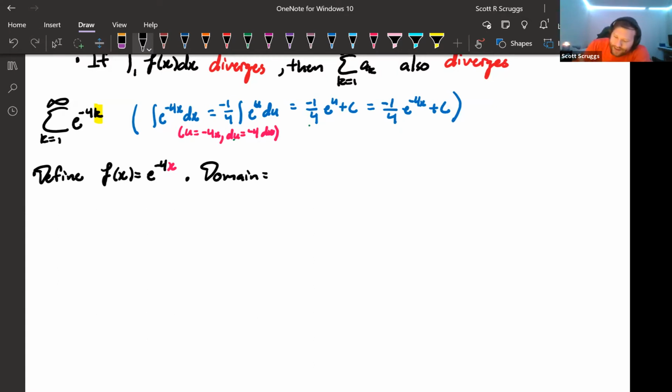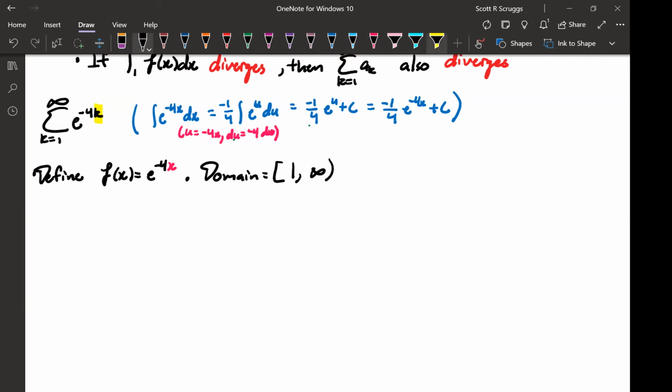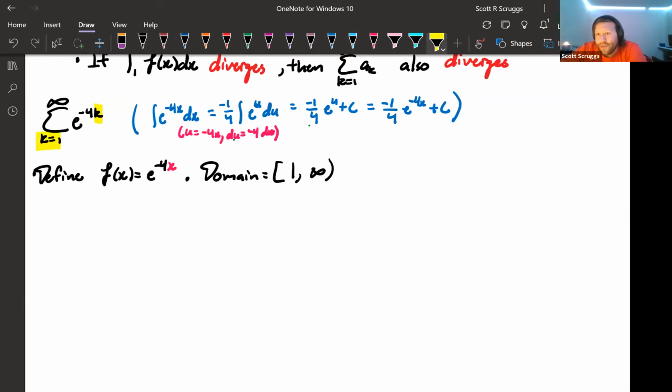Why 1 to infinity? Because the sum starts at 1. Bingo. Series begins at 1. So that tells me my domain should also begin at 1. Very good. So I now have the function. I'm now ready to check my necessary conditions for the integral test.